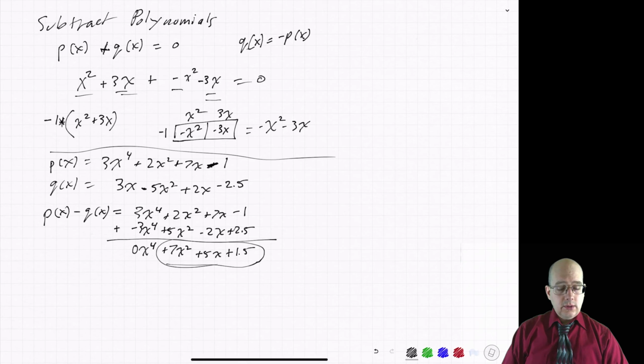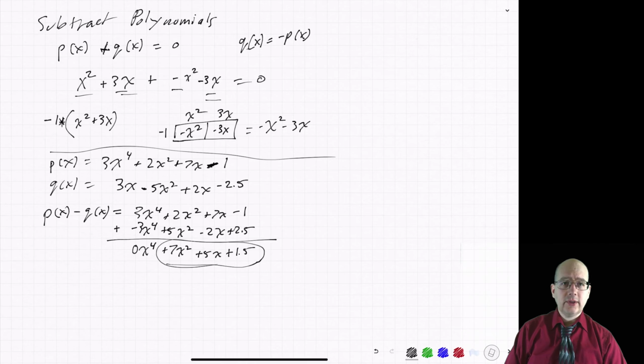All right. And of course you can graph this stuff. You can do p of x and q of x. You can subtract them, you can add them, you can multiply them. Got all that good stuff. What's left? Dividing. I'm going to take that slow. But yes, we can divide polynomials into polynomials.